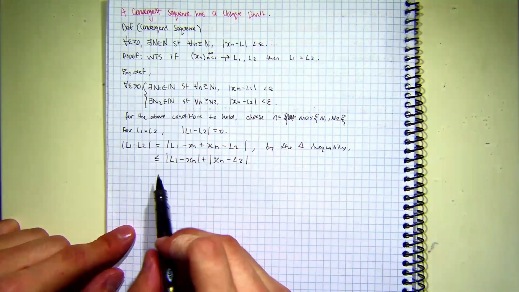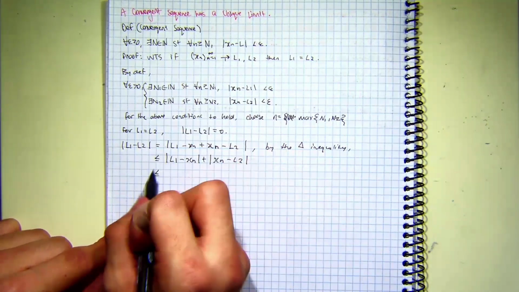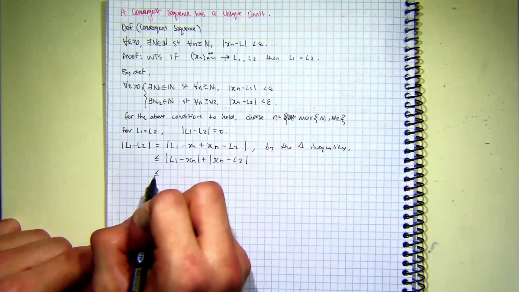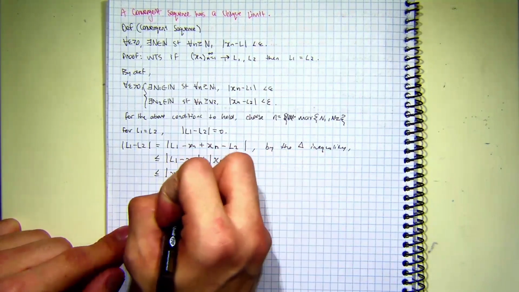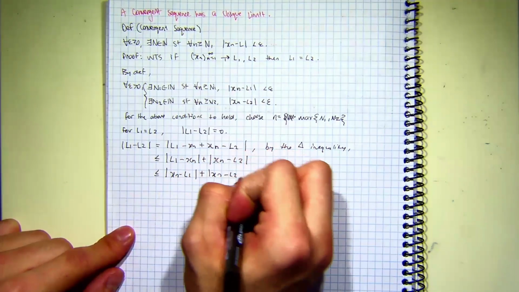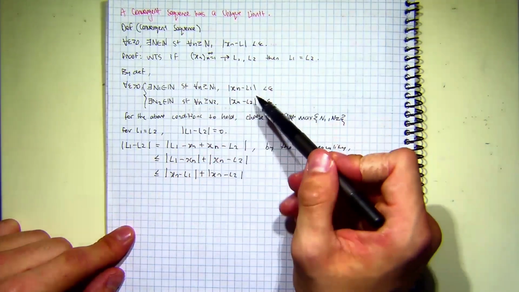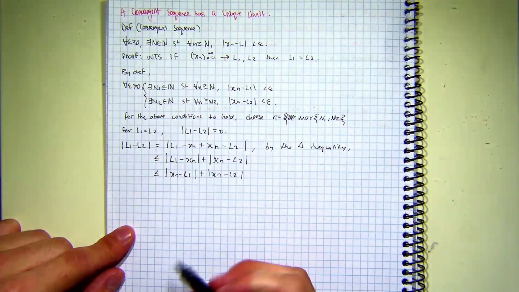And now because the order of absolute values doesn't matter, we can say that this is less than or equal to, technically this is equals, |x_n - L1| plus |x_n - L2|. And we can see these are what we have up here in our definition we changed.